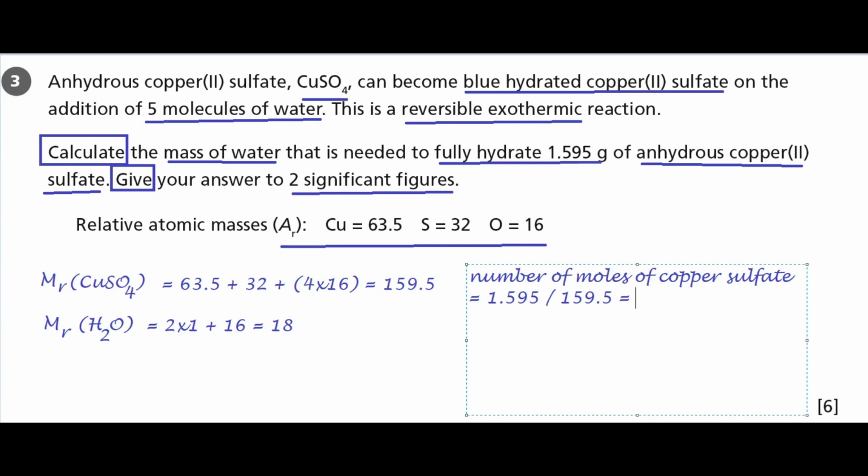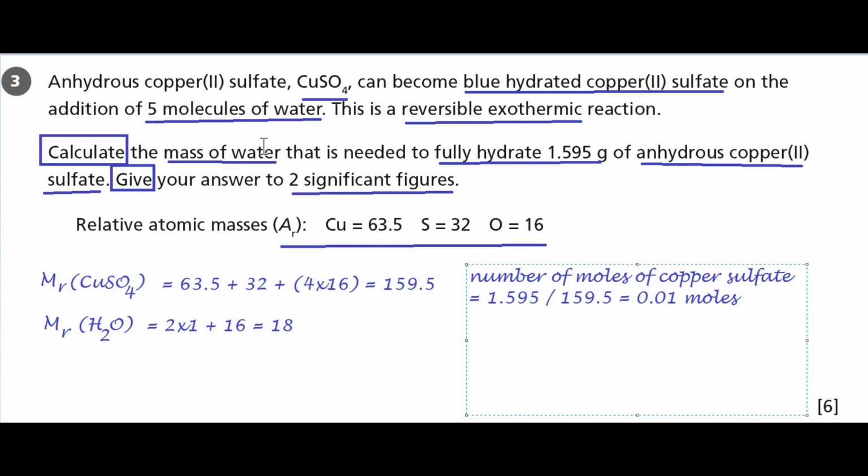So when you pop that in your calculator, you will get 0.01 moles of the original copper sulfate. Now notice in my calculations, I haven't been giving it its full title. I haven't said anhydrous copper 2 sulfate. You could do that if you want. I'm just doing that in my notes so I know what's going on.